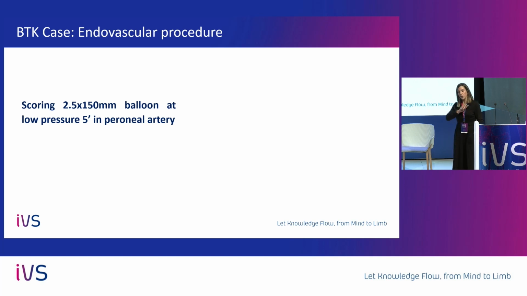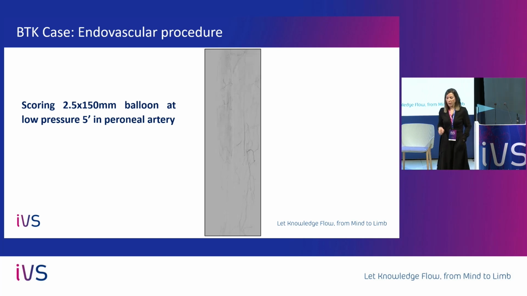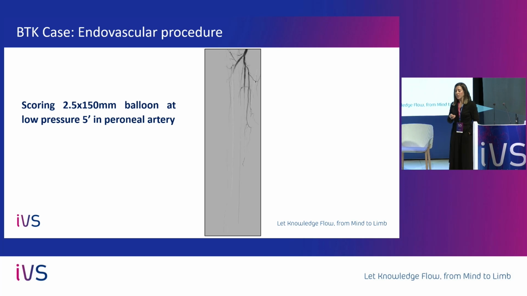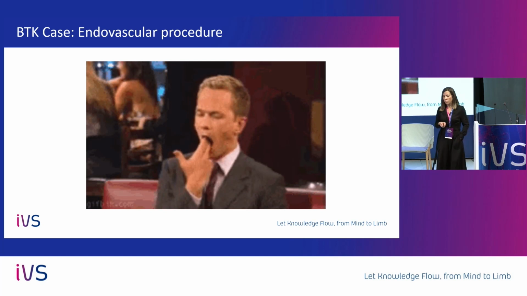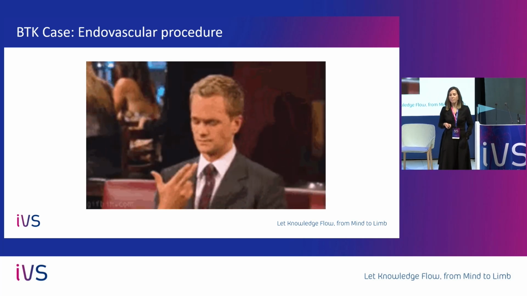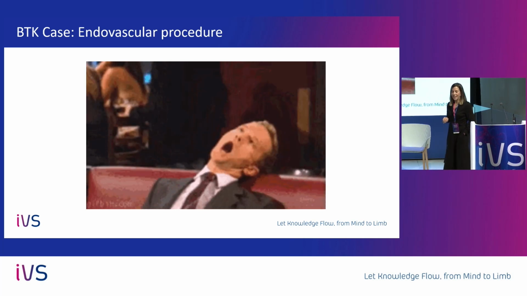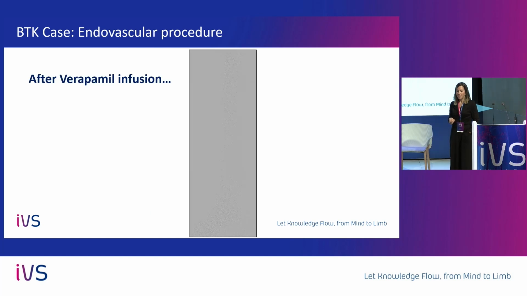Or we just changed the vessel, and we did a peroneal artery angioplasty, because as I said before, it was a posterior dominancy. So, yeah, that was me. Yeah, I wanted to kill myself.